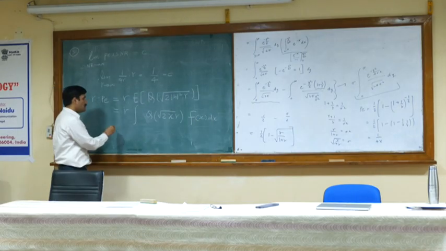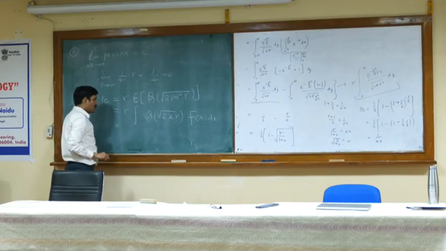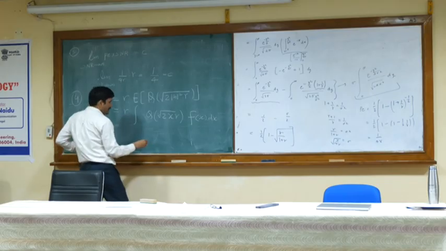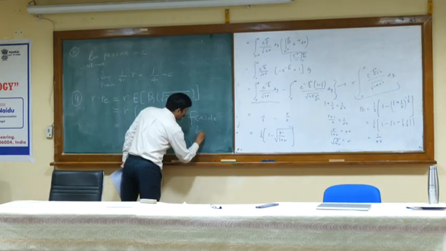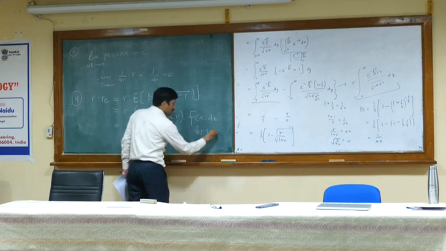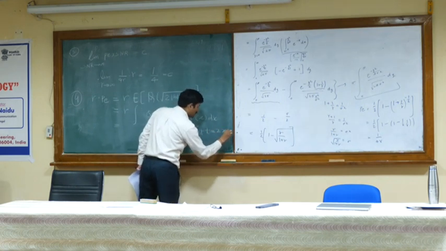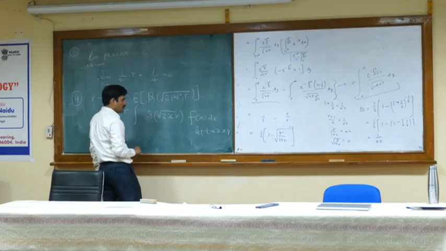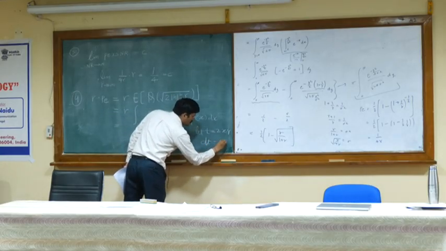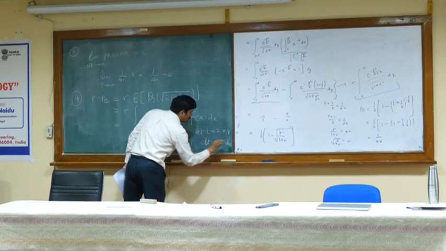Now what can I do here? I can do a change of variable. Let t equal 2x gamma. So dt is equal to 2 gamma into dx.